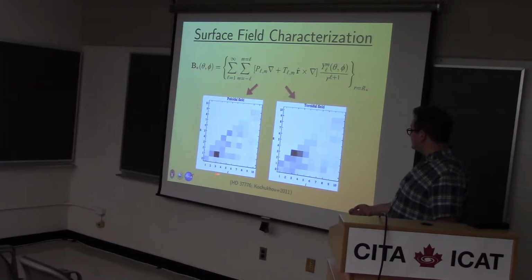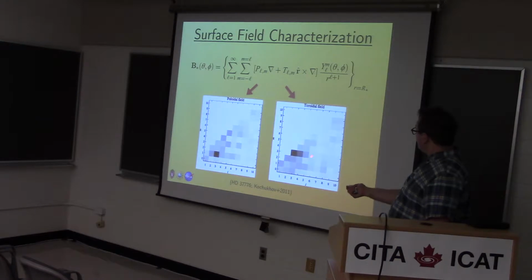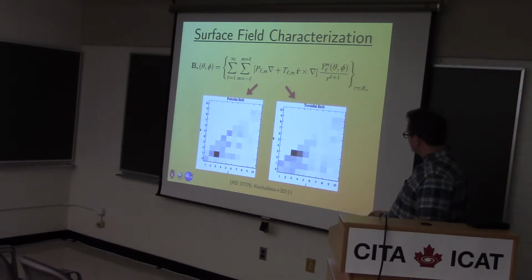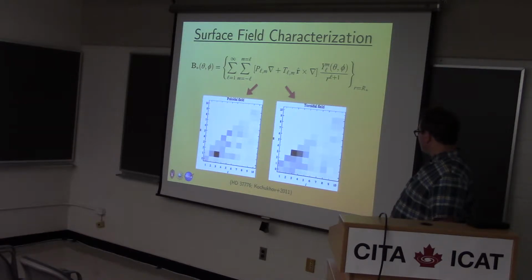And for HD 37776, the strength of the various spherical harmonic components looks kind of like this. I said this field was predominantly quadrupolar. Well, I was wrong. It's more octopolar, since the strongest contribution is actually from an L equals 3 spherical harmonic.